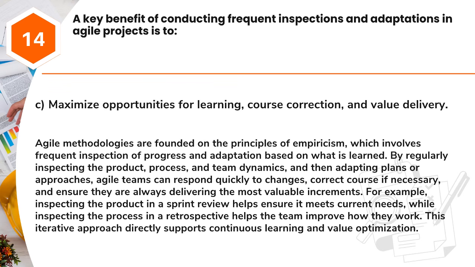By regularly inspecting the product, process, and team dynamics, and then adapting plans or approaches, Agile teams can respond quickly to changes, correct course if necessary, and ensure they are always delivering the most valuable increments. For example, inspecting the product in a sprint review helps ensure it meets current needs, while inspecting the process in a retrospective helps the team improve how they work. This iterative approach directly supports continuous learning and value optimization.